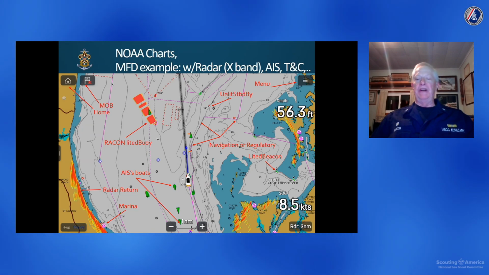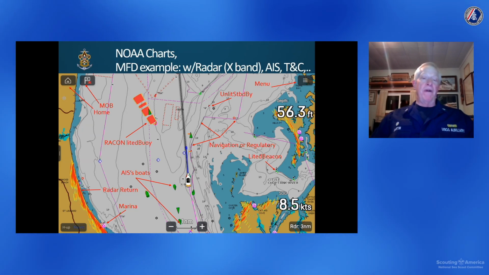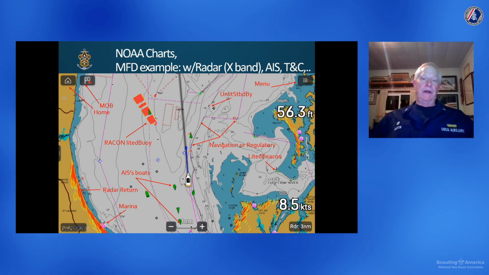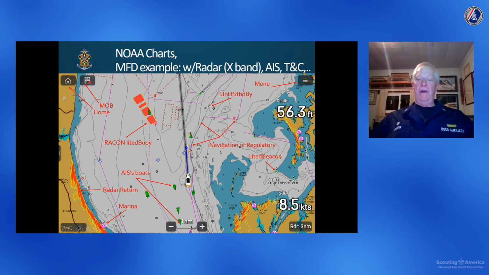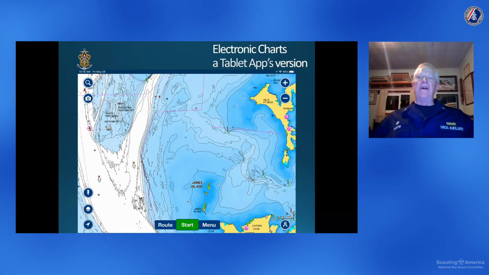Your AIS will tell you what that boat is, who it is, and give you all sorts of information about that boat. Of course, your radar returns from land and things like that will show up. But a lot of people are now using AIS to go up and down the river to navigate with.